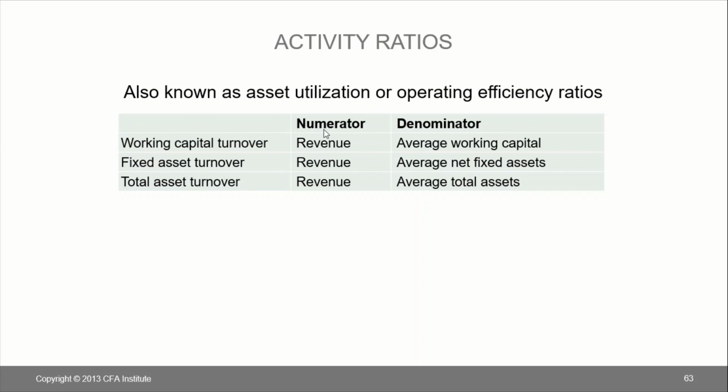So as you can see, yung common numerator nila is yung sales, because at the end of the day, what we want to know is the firm converting enough all of its assets back into sales or revenue? Kasi if not, then your asset is a waste. You would rather not purchase your asset if it's not being used at its highest potential.